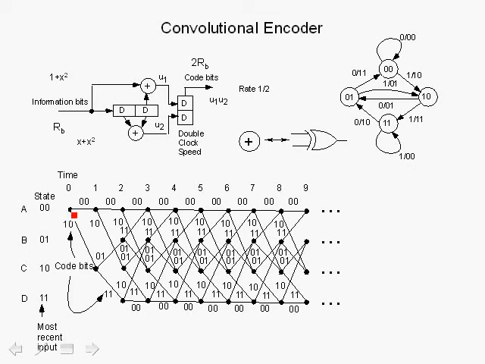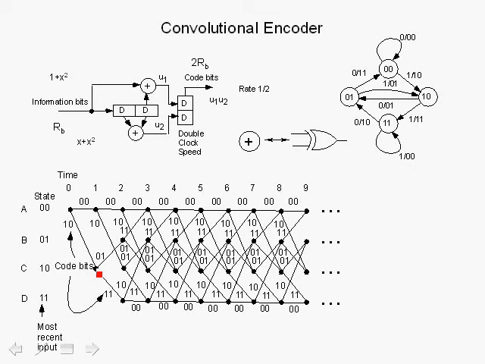If we receive a 1 at state 0, recall that our next state was state 1, 0. But look at the output. The output during that transition, U1 and U2, is 1, 0. So we label that over here on this branch. Each branch you will see a label, and that's the output of the convolutional encoder.